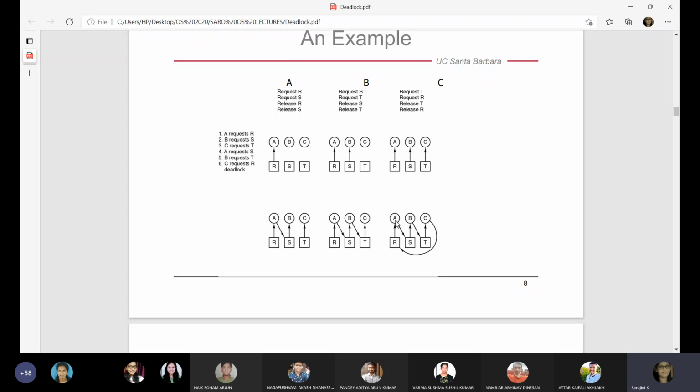A is holding R, requesting S. B is holding S, requesting T. C is holding T but requesting R. So none of these processes can go forward. It got locked. It is a deadlock.